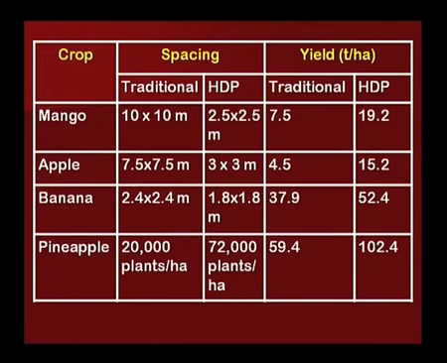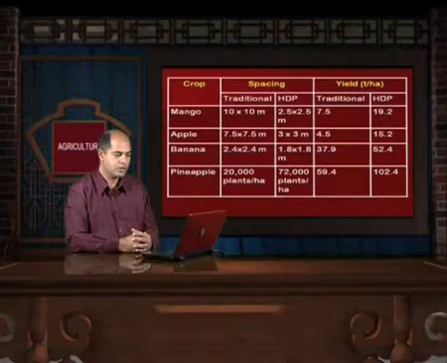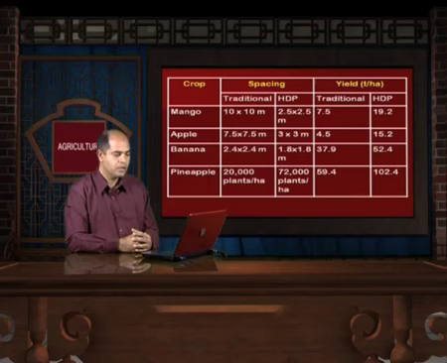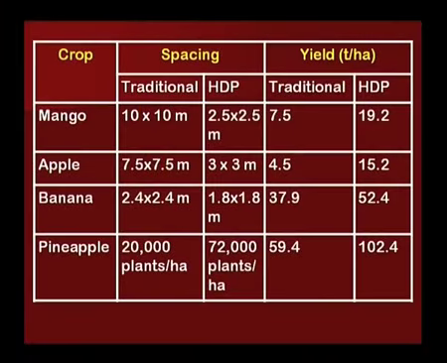the yield obtained was 19.2 tons per hectare. Similarly, in apple the traditional spacing is 7.5 by 7.5 meter. In high density planting it is 3 by 3 meter. The yield is 4.5 tons per hectare in case of traditional planting. In case of high density planting it is 15.2 tons per hectare.